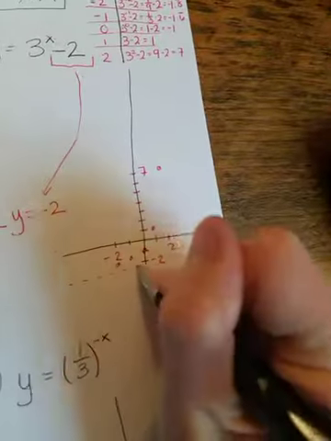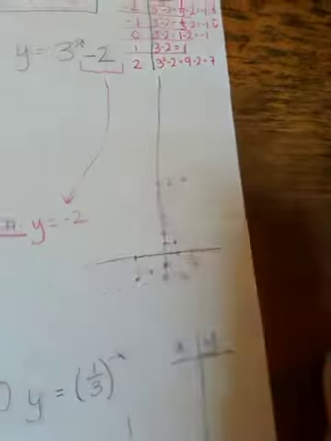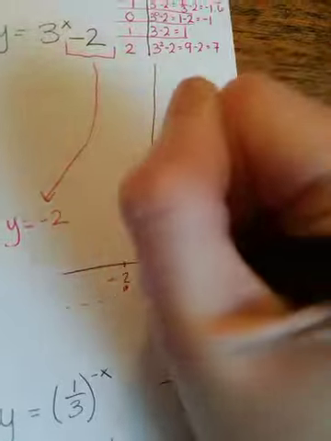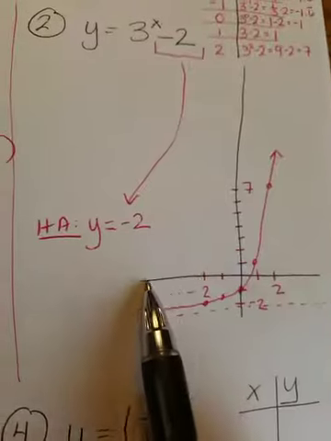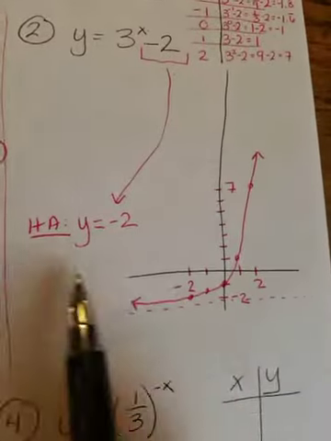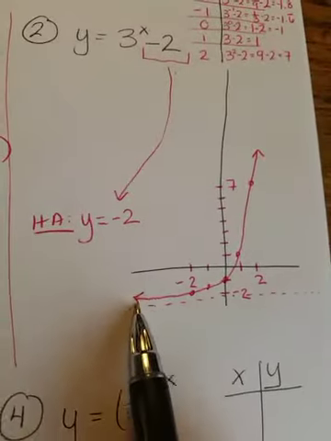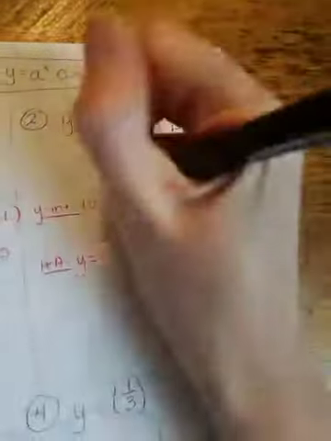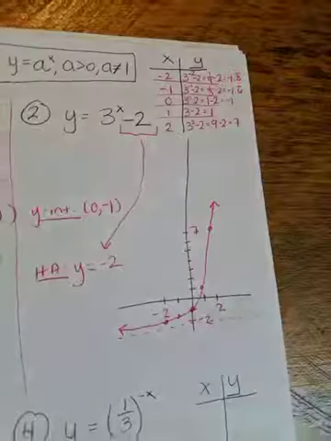And it is this imaginary horizontal line through negative 2, which means that this graph will come down and run along negative 2. So as x gets really, really small into negative world, this graph is going to get closer and closer to negative 2. My y-intercept, again, you already did the work for that. You're looking for when x is 0, what do you get? Negative 1.